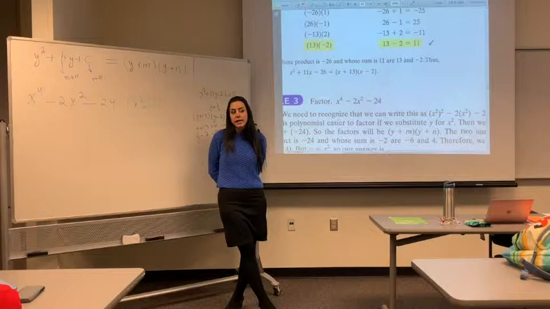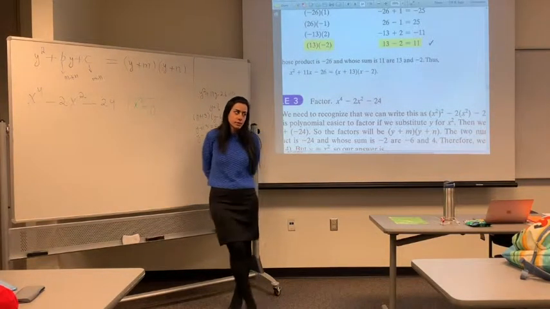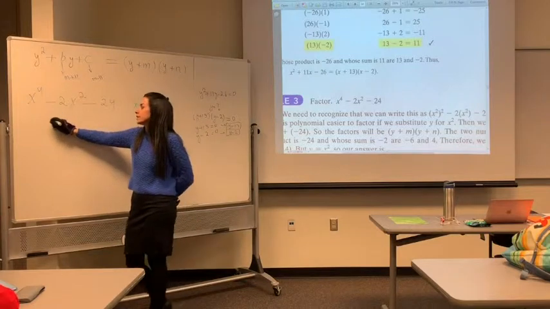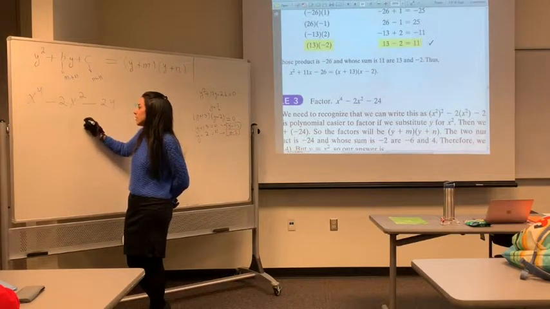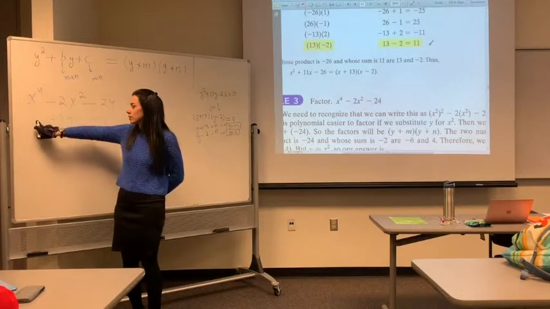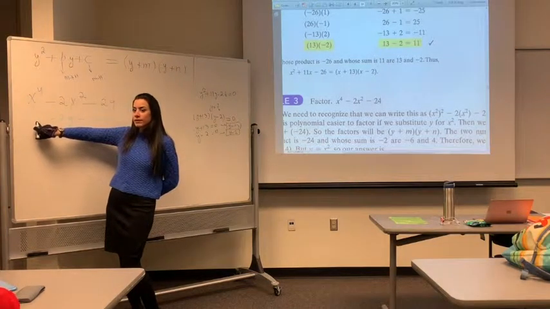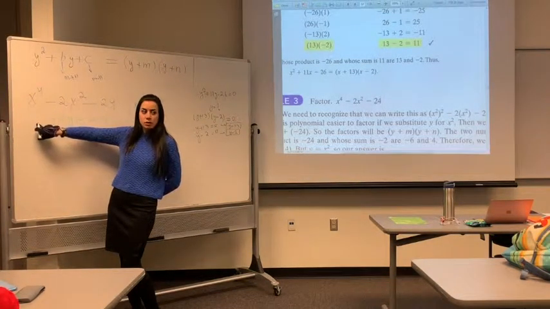So for any x squared you have here, replace it with y. So this is easy. You will have 2y minus 24, right? So what should I write down instead of x power 4? Y.